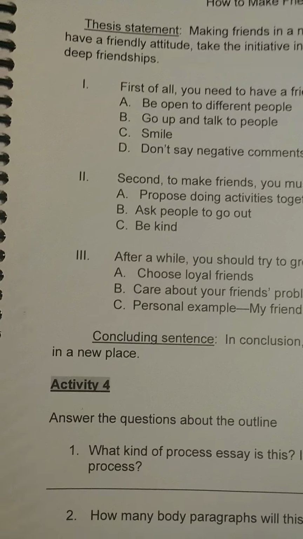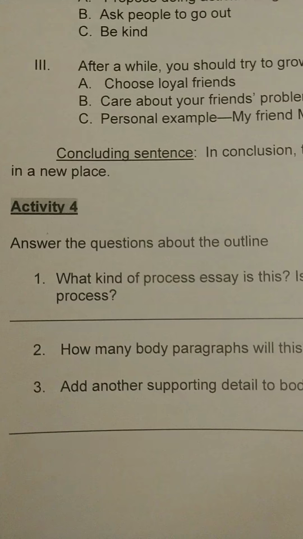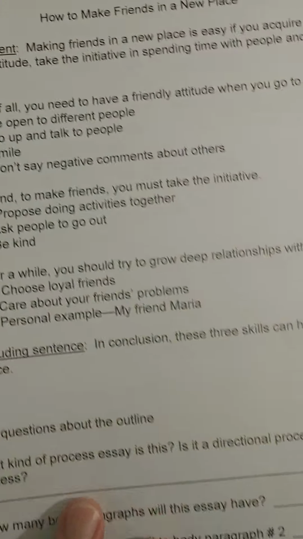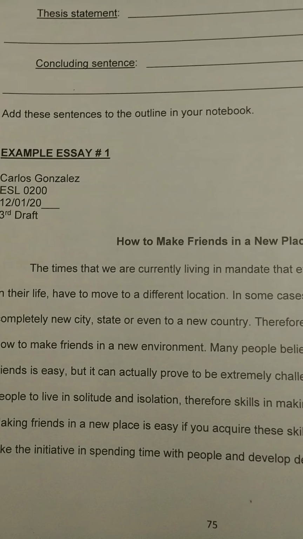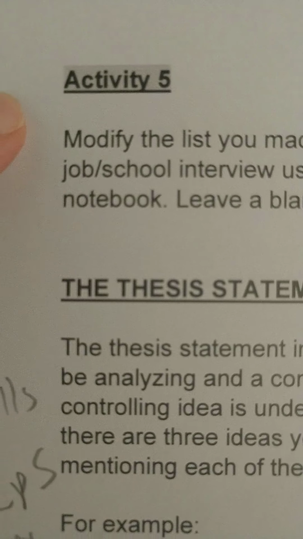Now for your homework, you are going to do activity 4. Okay, answer these questions about the outline up here. Let's see here. It's in your Blackboard, but I'm just going to show you on page 74. Activity 8.